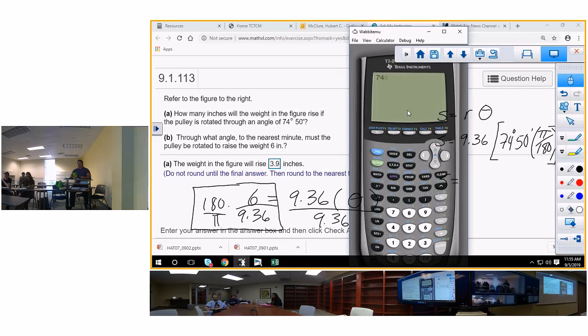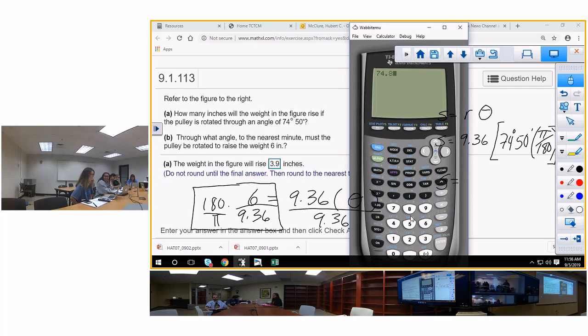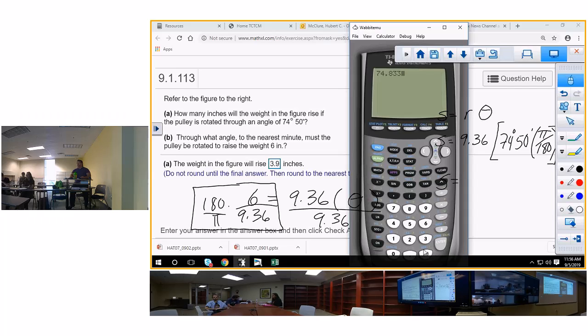74.833. 74.833 times parentheses and type in second caret symbol divided by 180, and that should give you your answer of 1.3.